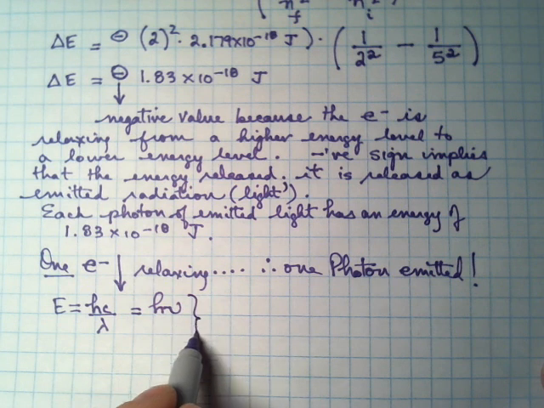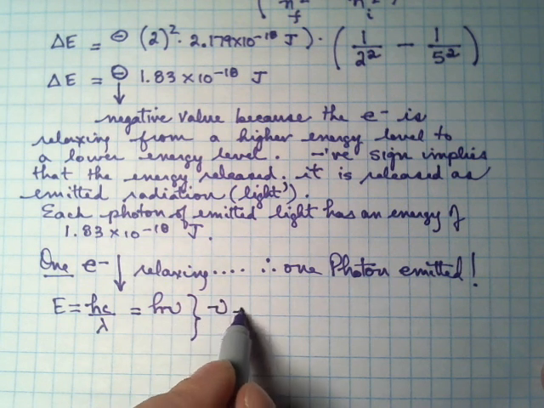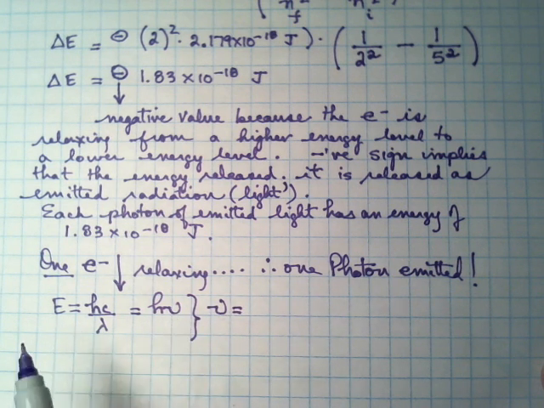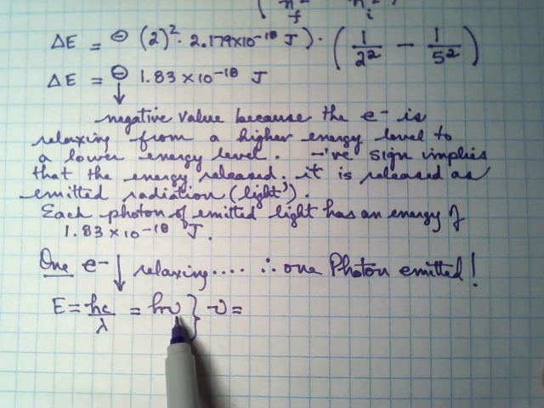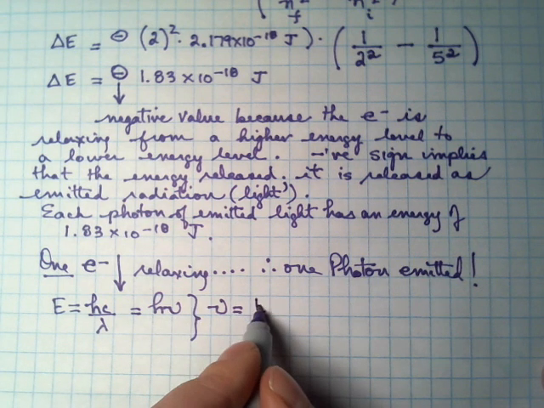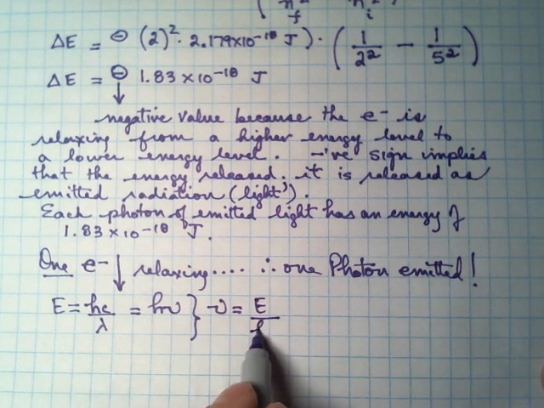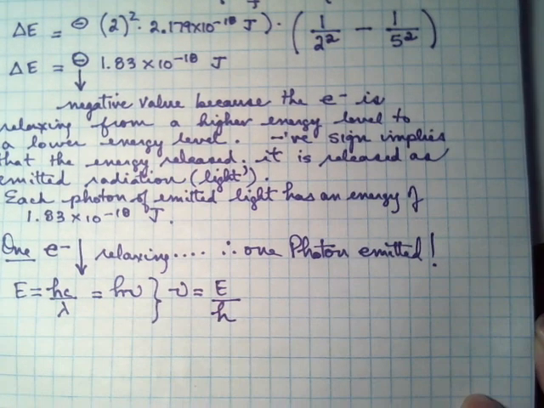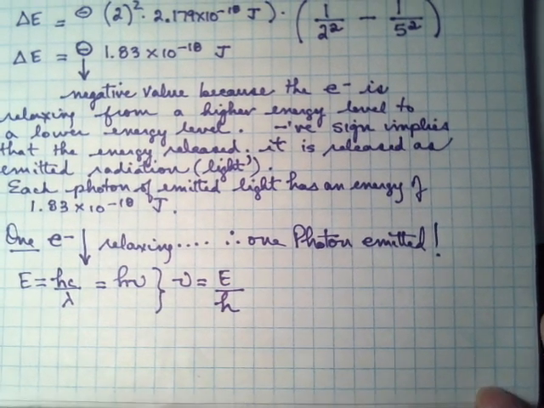And therefore the frequency is equal to, if E is equal to h mu, then mu is equal to the energy divided by h, which is my Planck's constant. So let's fill that in.